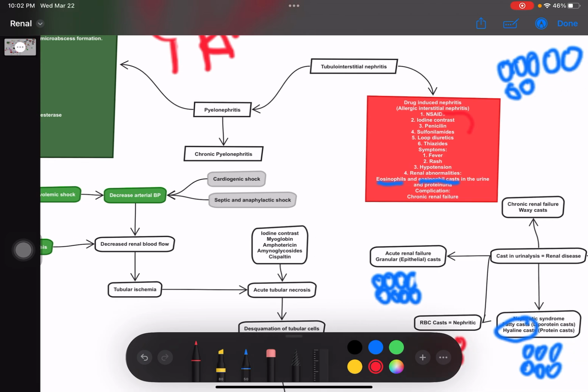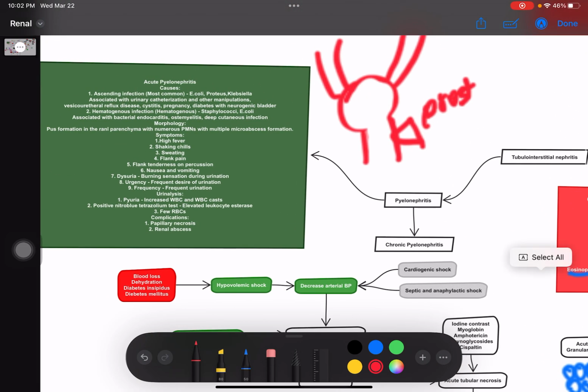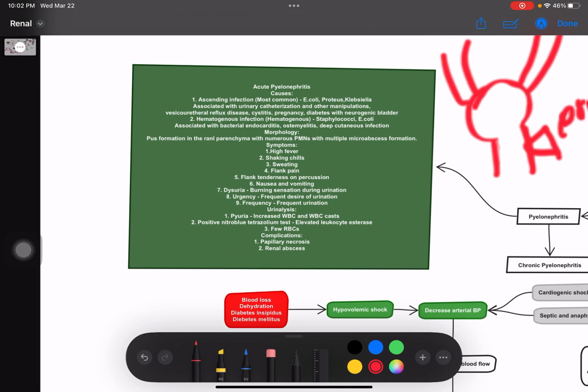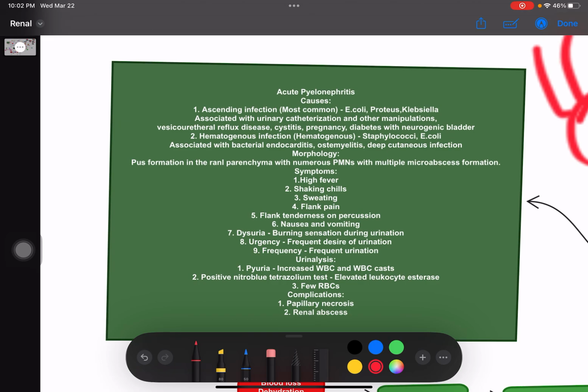Okay. Now let's go to pyelonephritis. We have acute pyelonephritis and chronic. Acute pyelonephritis is usually caused by bacteria which colonize the kidney via the ascending route.